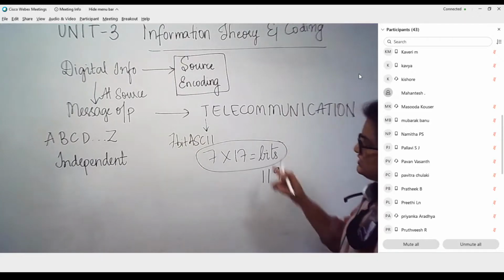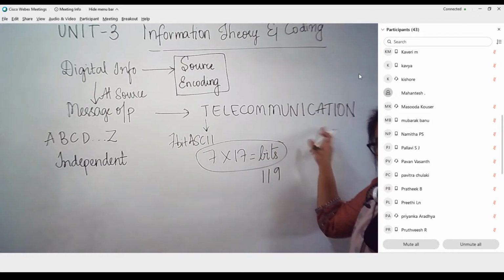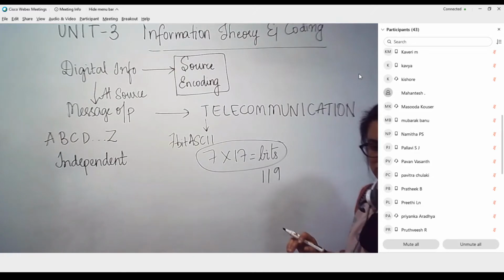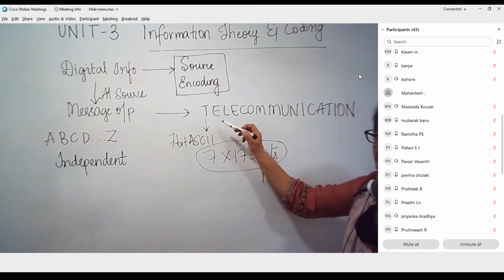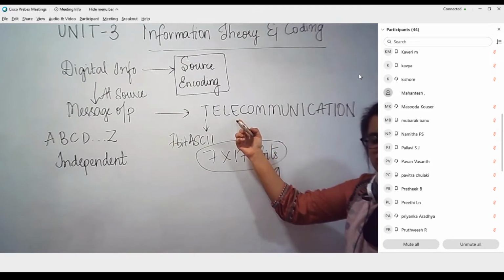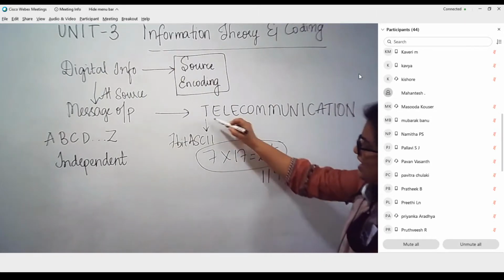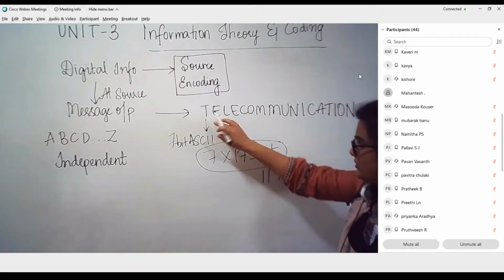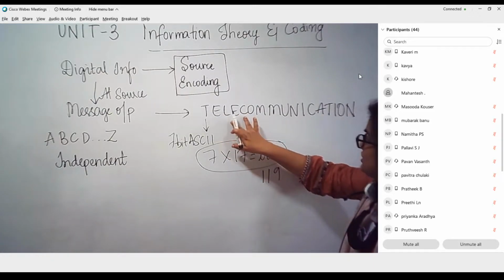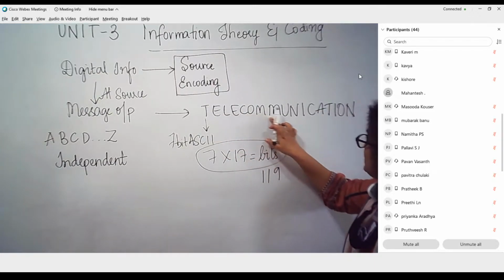But if you observe this word, telecommunication, you can see the alphabets are repeated more than once. That means I have T twice, E coming in twice, then M coming in twice.